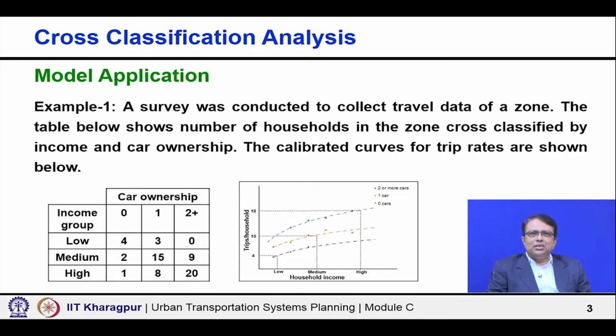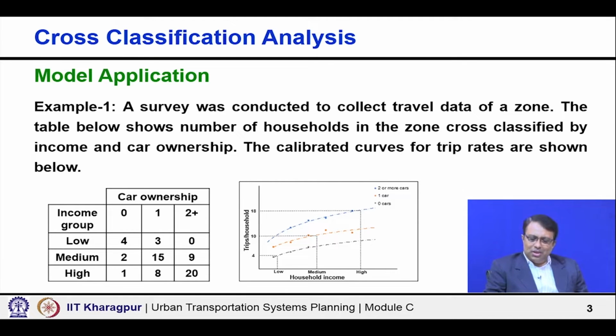The calibrated curves for trip rates are also shown in this slide. So, these calibrated curves are very similar to what you have seen during the calibration.